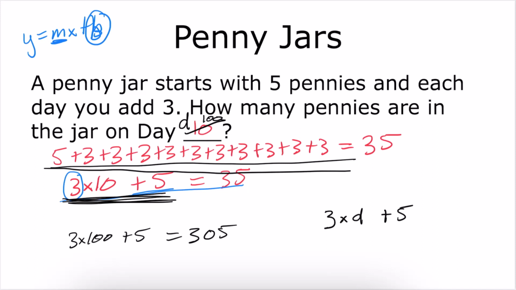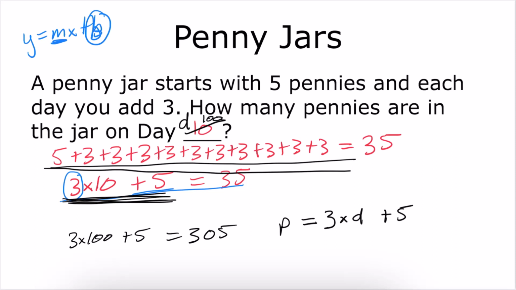And it also builds their functional reasoning because essentially what they're finding here is a function because they're saying the number of pennies you have is going to be equal to 3 times the number of days plus 5.